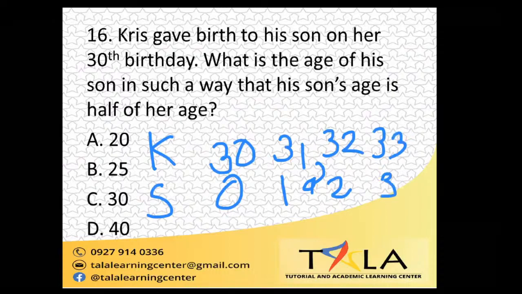So, based dito sa pattern na ito, makikita mo na hindi kagad siya half eh. So, ibig sabihin, yung may mga ending na 1, 2, 3, 4, 5, 6, 7, 8, 9, X na kagad yun. So, ano yung pwede natin gawin? Tignan natin yung mga age na ibinigay sa atin dito. Again ha, yung age ni son ang hinahanap. Half daw nung nanay. So, tignan natin.